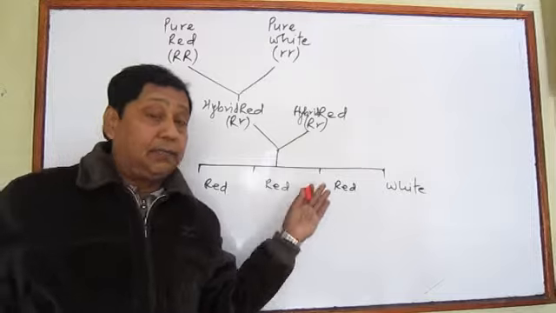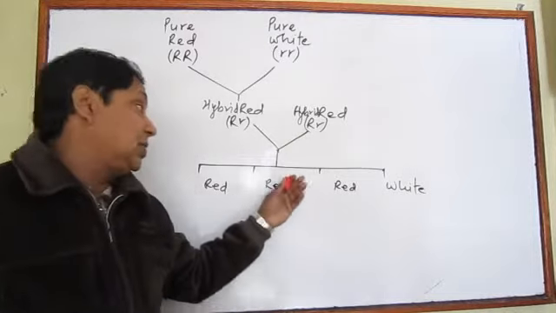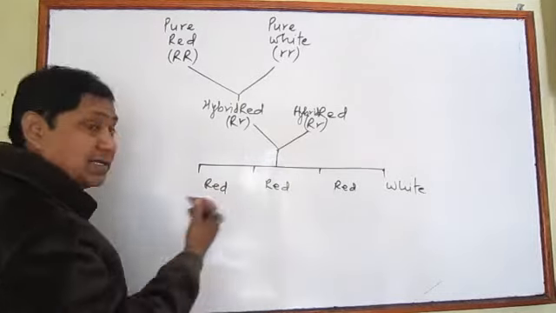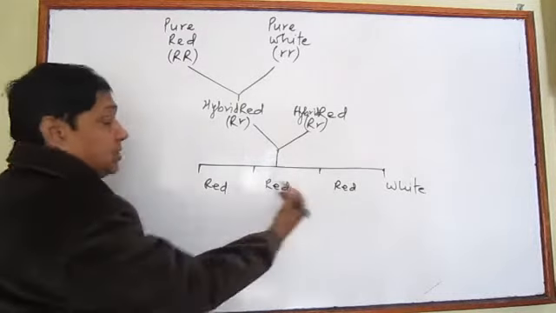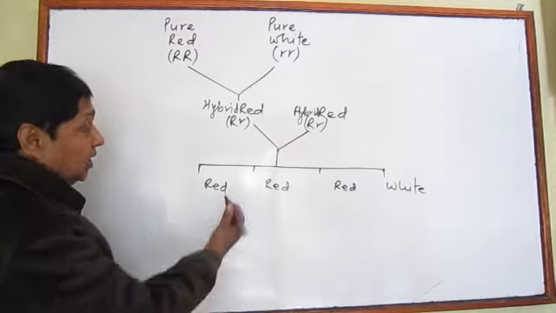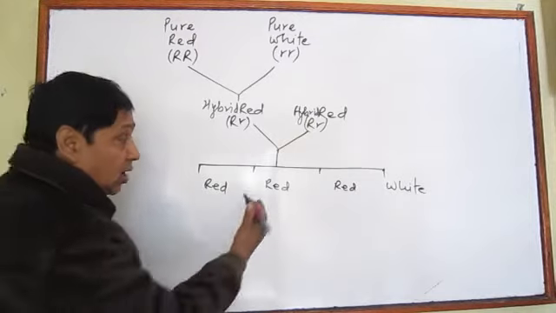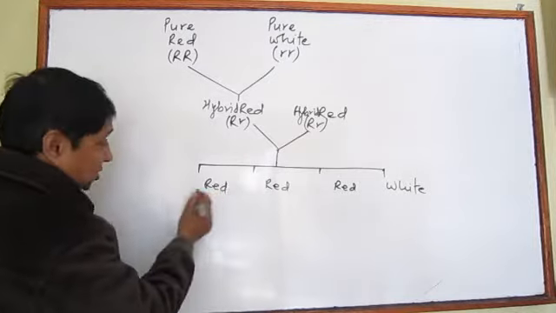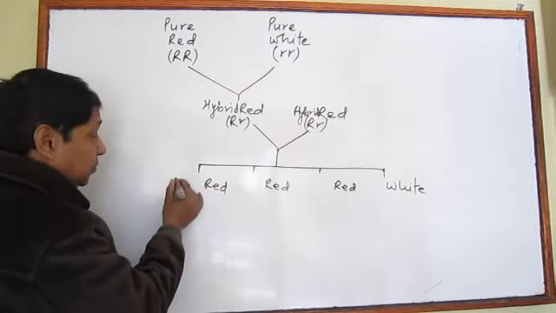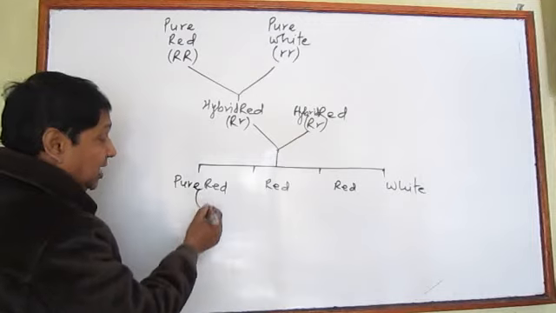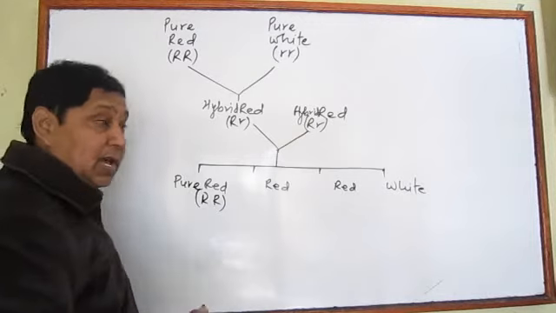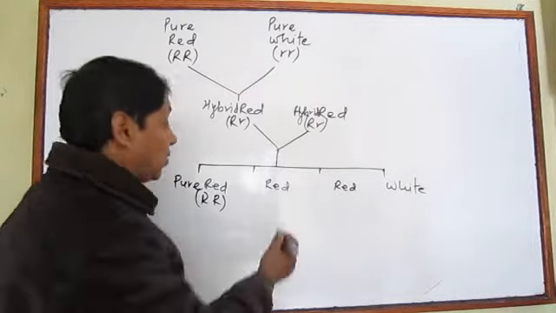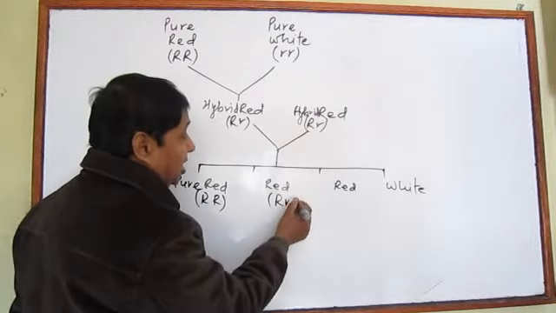According to Mendelism, Mendel saw another generation also. In that generation, he found that out of the 75% red flower pea plants, only 25% give only red. The other 50% give both red and white flower pea plants. It means this 25% is pure red flower pea plant, and its genotype must be capital R, capital R. The remaining 50% of the red give both red and white, so they must be hybrid red, capital R, small r.